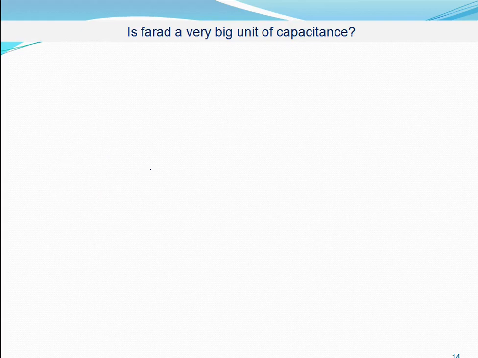Now, is farad a very big unit of capacitance? In real life, can we easily have 1 farad capacitance? Listen students, later on I will discuss the spherical body capacitance, which is given by C equal to 4 pi epsilon naught R. Now C is known to you, suppose you say it is 1 farad. 4 is known to you, pi is known to you, epsilon naught we have discussed a lot.